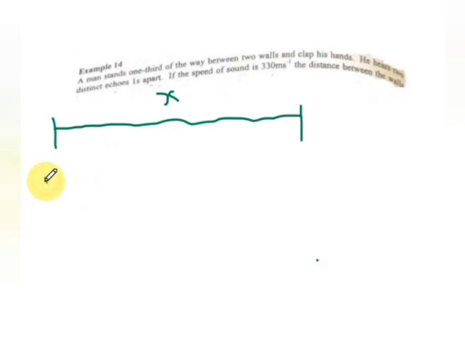Now, 1/3 of the way between the walls is equal to 1/3 times x, and that is going to be equal to x all over 3.